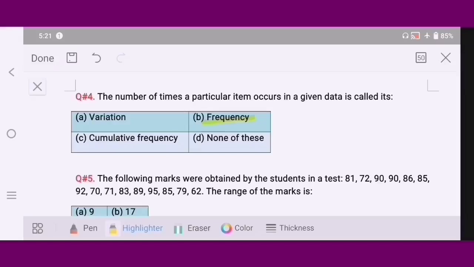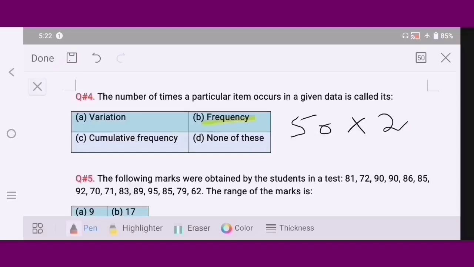Why? In a given statement we say a student got 50 marks in 2 subjects, that is 50 marks in each subject.